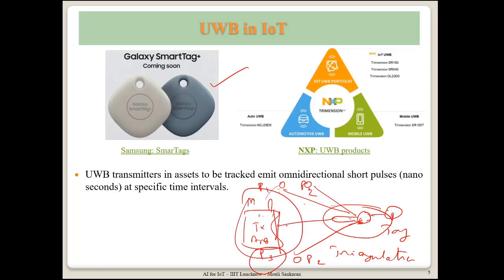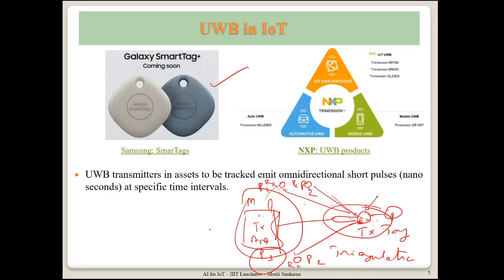Now, based on the distance measured by these devices, you may wonder who is the transmitter and who is the receiver. Very important point. This is the transmitter, and these guys are the receivers. These are all the receivers.